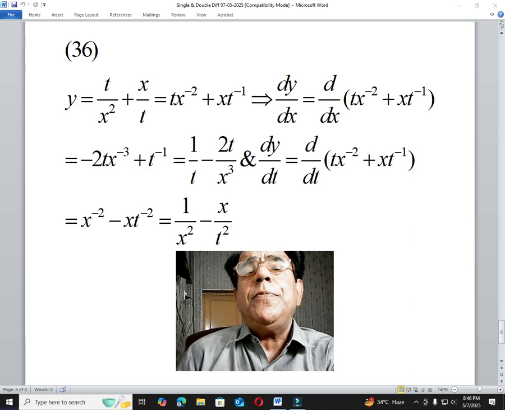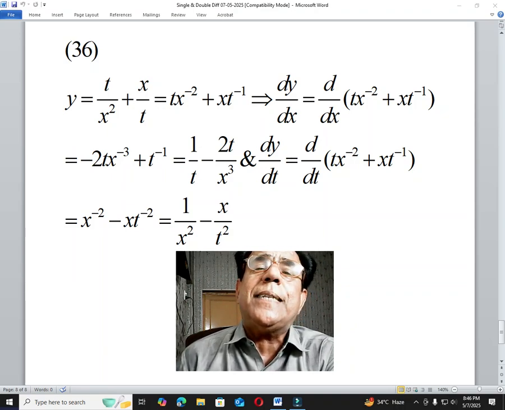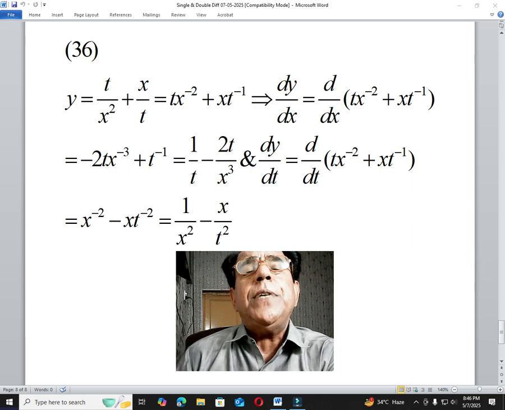the derivative of the second term with respect to t will become minus t raised to power minus 2 into x, because x is going to be treated as a constant factor, so it will remain as it is as a multiplying factor.